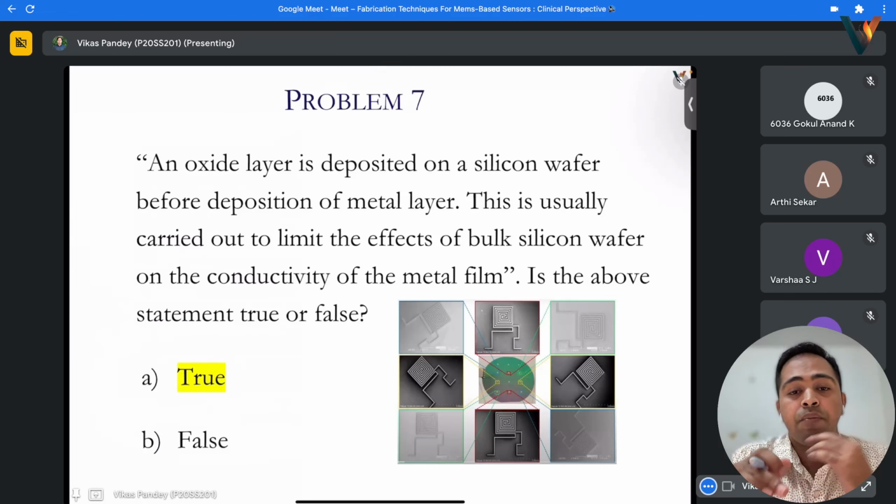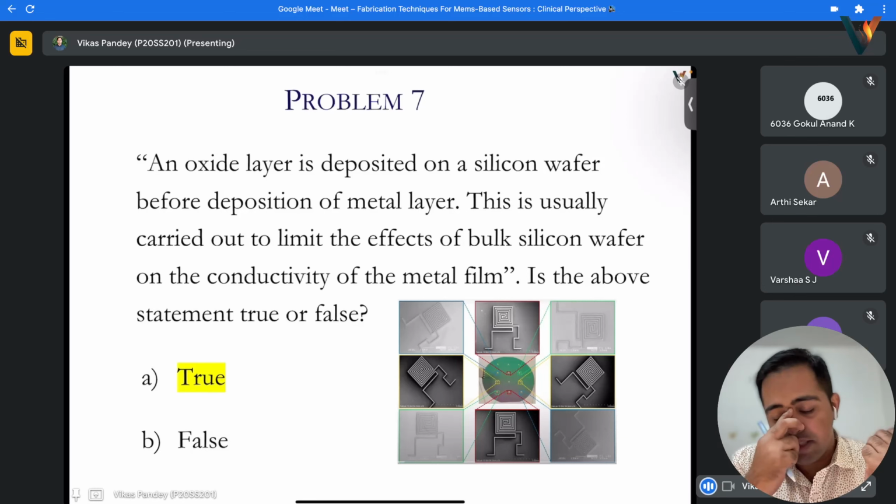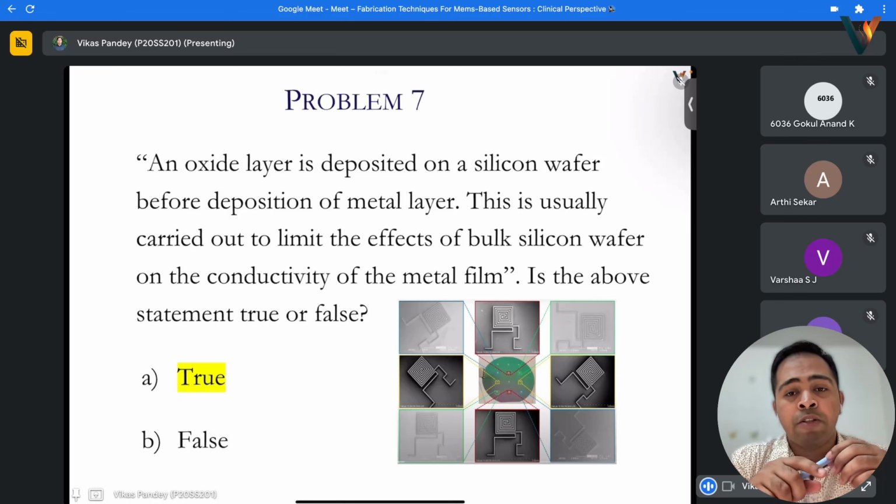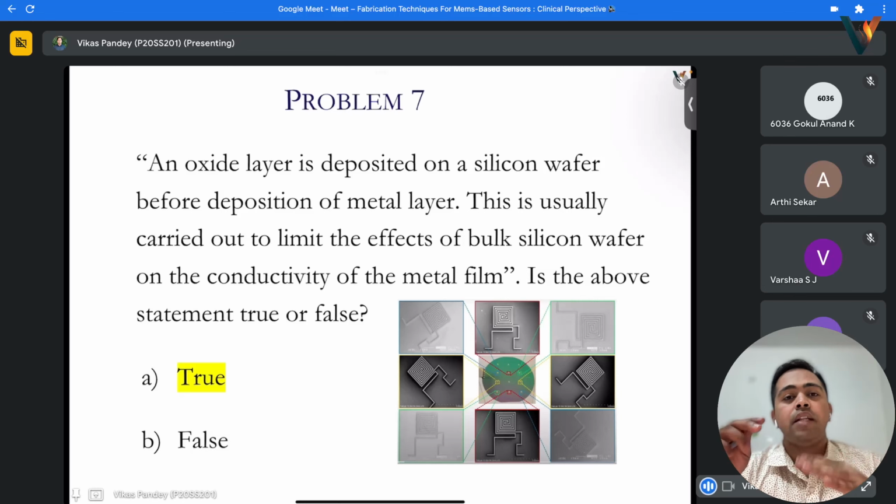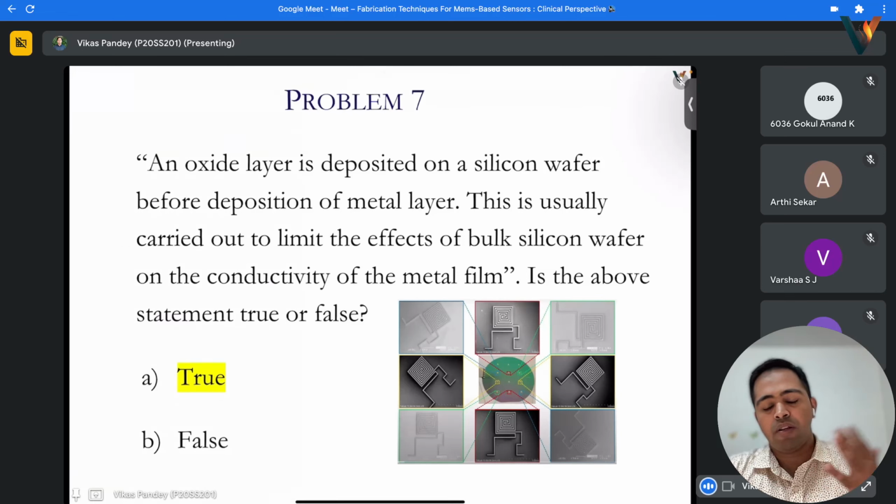You must have seen that first we made a heater. In the case of the heater also we needed a SiO2 layer, and then after the heater we made the IDE pattern, so that heater and IDE do not short. There also a layer was used, which can be silicon dioxide or some other passivation layer like silicon nitride. We have a thick layer of silicon, though not very thick, around 350 microns.